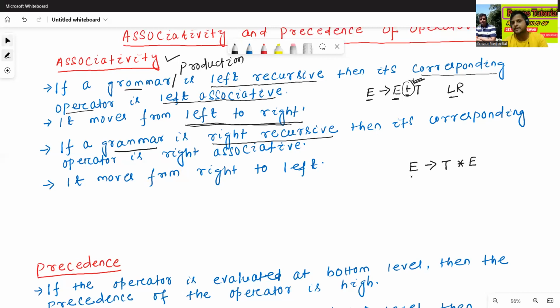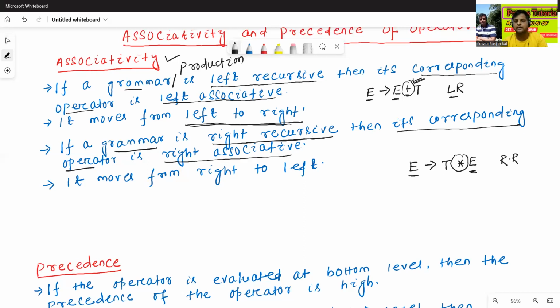So this grammar is right recursive because in the left part it is E, and the rightmost non-terminal is E. So the given grammar is called right recursive. If a grammar or production is right recursive, then its corresponding operator, star, is called right associative.